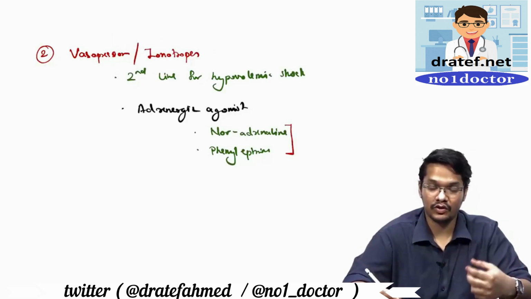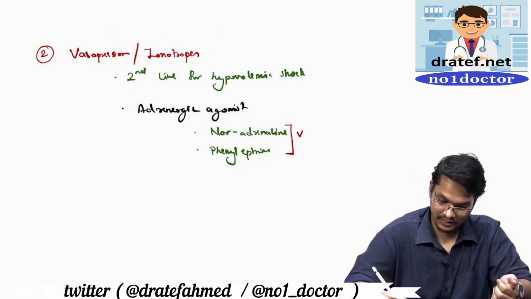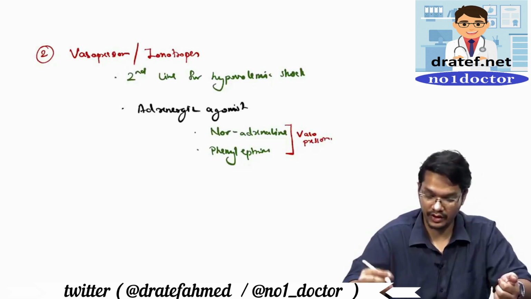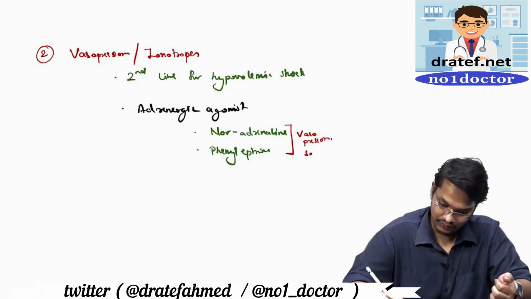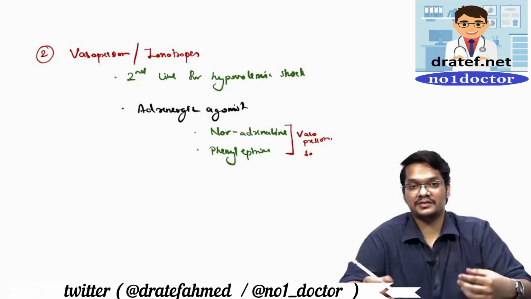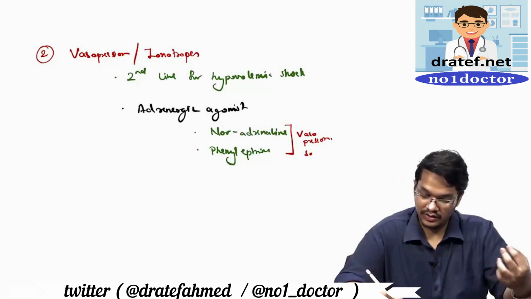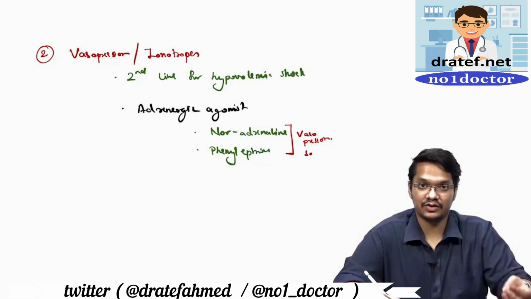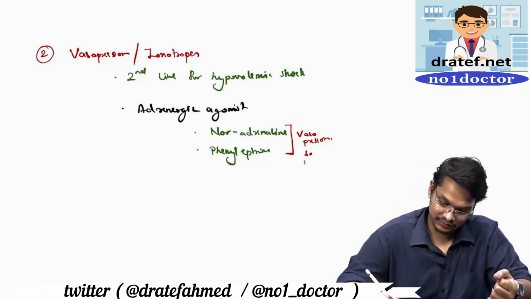These are more of vasopressors. So these are more effective in those kinds of shock in which there is peripheral vasodilation. So these are more effective in patients of distributive shock.